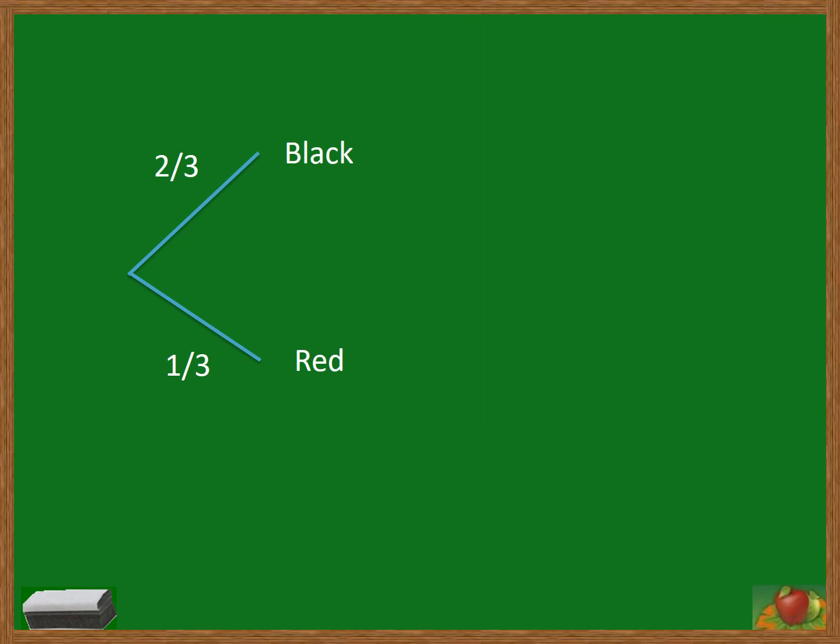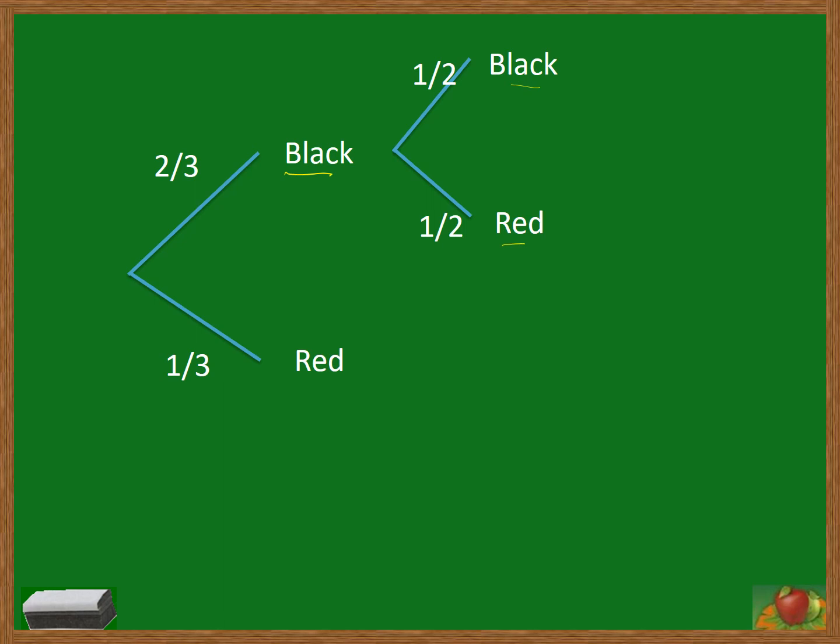Now because I'm looking at non-independent events, I take care of the fact that they're not independent because I change the probabilities on the tree. So now, if I draw black the first time, I only have 2 marbles left, and the probability that one of those is black is 1/2, and that one of those is red is 1/2.